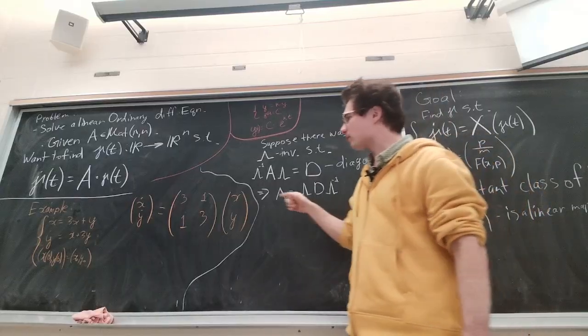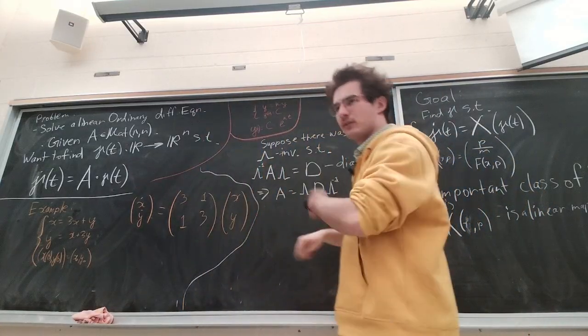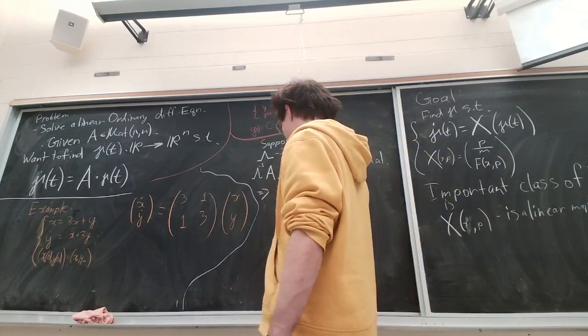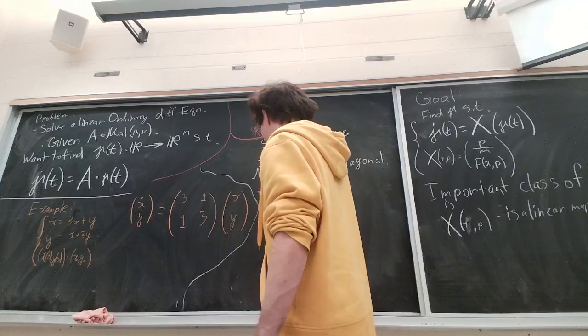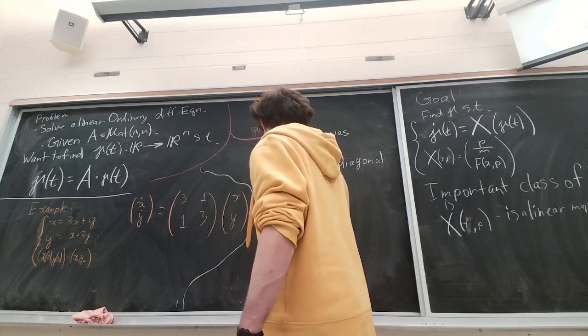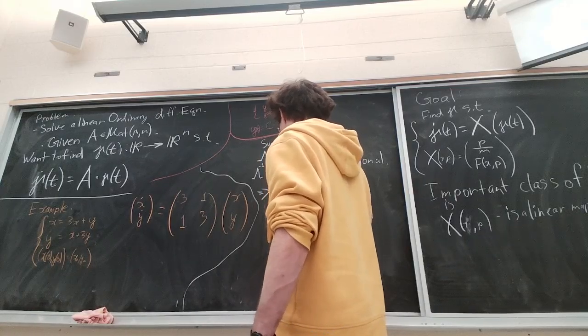Okay. So let's rewrite this equation in terms of this and see if we can simplify it somehow. So I have gamma dot. Let's keep writing gamma. Gamma dot is equal to A of gamma.